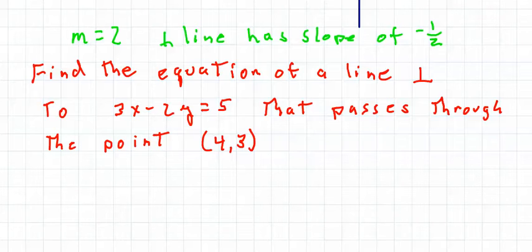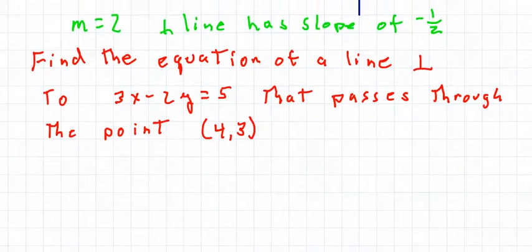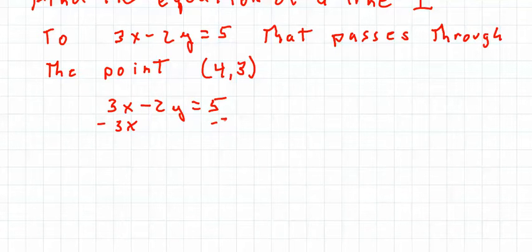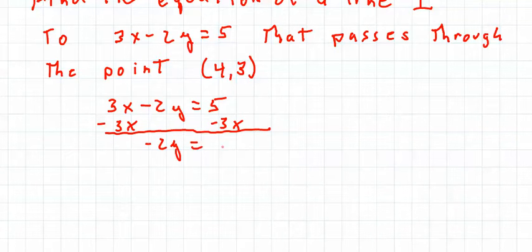All right, just like before, first thing I have to do is find the slope. Okay, so my equation is 3x minus 2y equals 5. I need to find the slope, minus 3x, minus 3x. So we get negative 2y equals negative 3x plus 5.